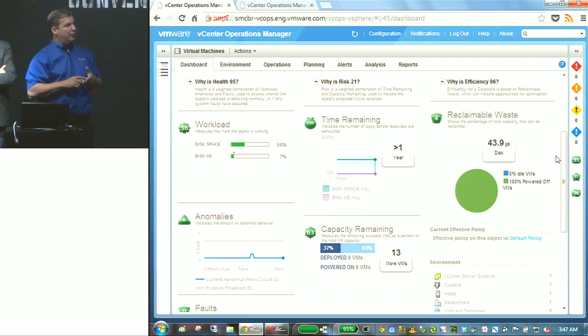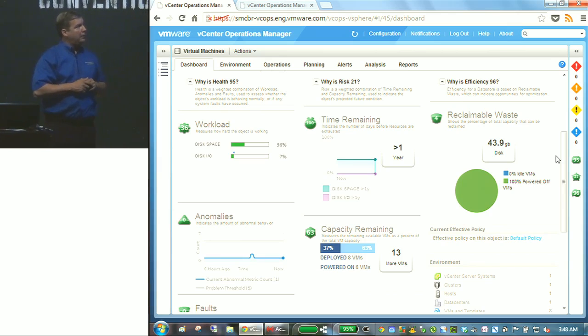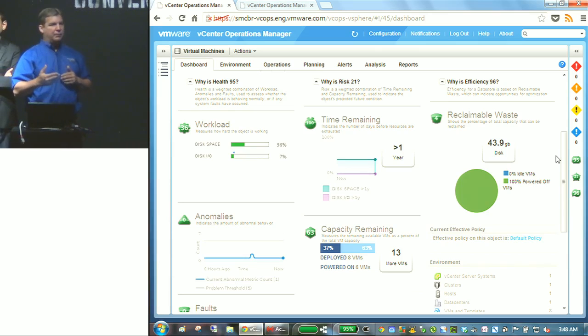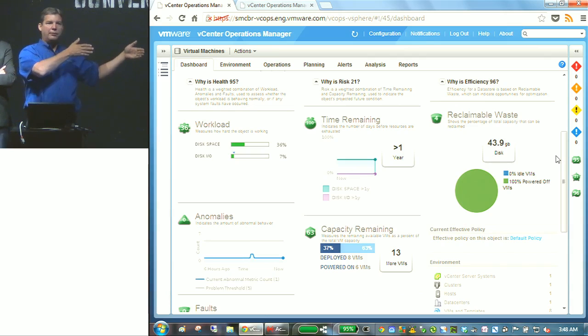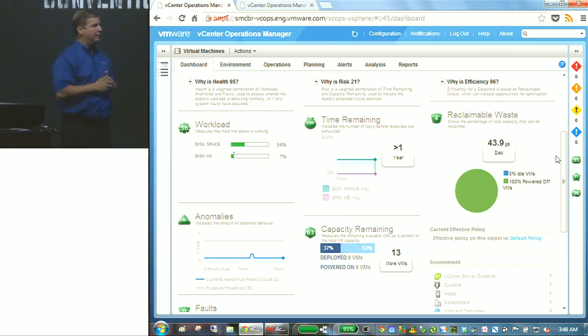Anomalies is the second way that we look at instantaneous kind of workloads or metrics. For anomalies, each metric is compared to a dynamic threshold or to a hard threshold, and it generates a symptom. On anomalies, we're really focused on the dynamic thresholds because that is exactly how we're expressing what it should be based on our analytics. At this hour, it should be between, let's say, 2 and 5.